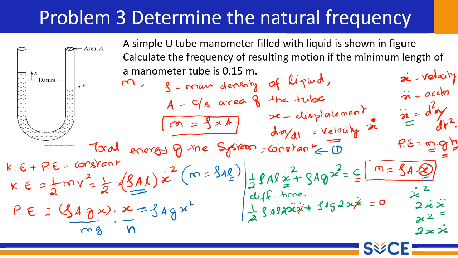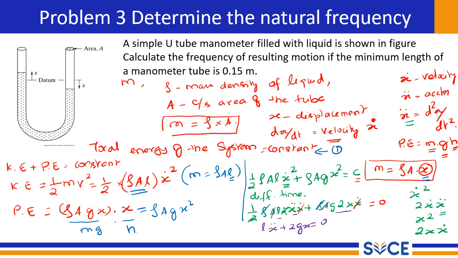Now, if we rewrite this equation, what will happen? Rho will get cancelled, A will get cancelled. At last, we will have L x double dot plus 2g x equal to 0.